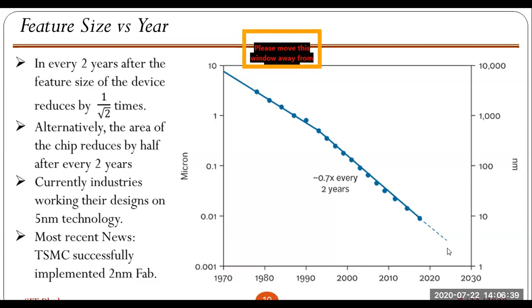Scaling factor means from one technology to another technology, the gate length, by which factor it is scaled down. Suppose 180 to 130: what is the value of 130 by 180? It's nothing but 1 by root 2, or 0.7, you can say.